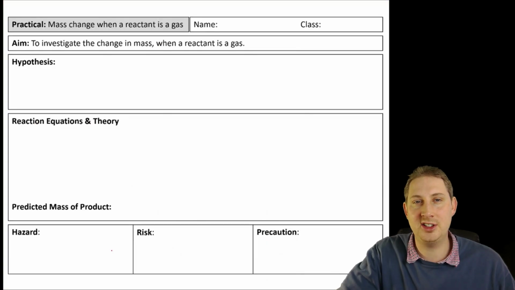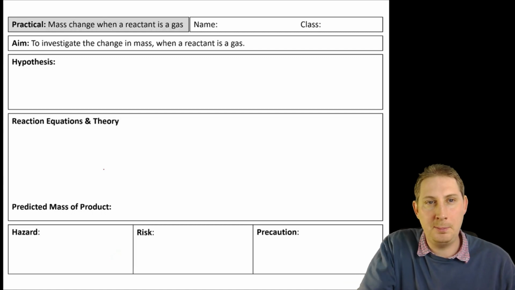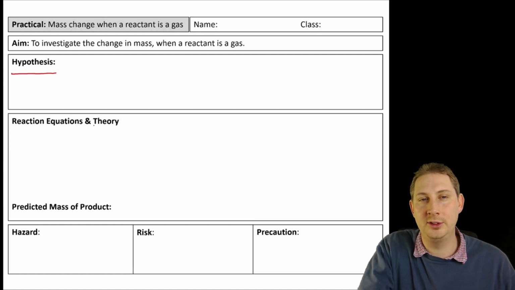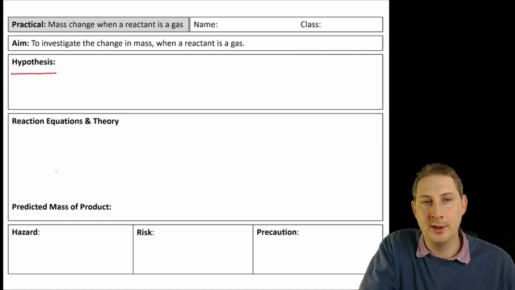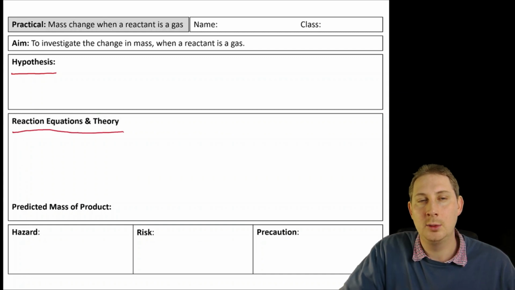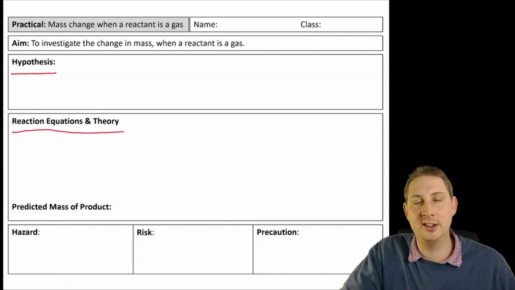Practical. The mass change when reactant is a gas. Aim: to investigate the change in mass when the reactant is a gas. Hypothesis. Well, that's very straightforward. What did you think was going to happen? Reaction equations and the theory. Well, we covered those at the start of this lesson.